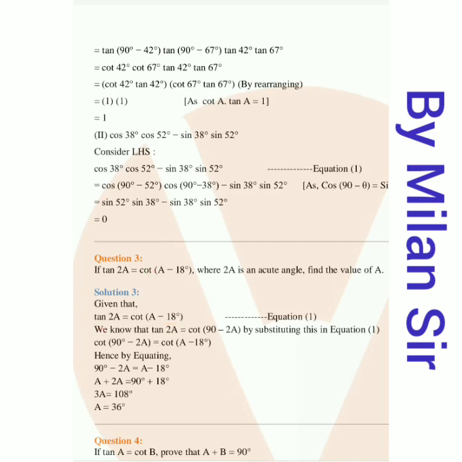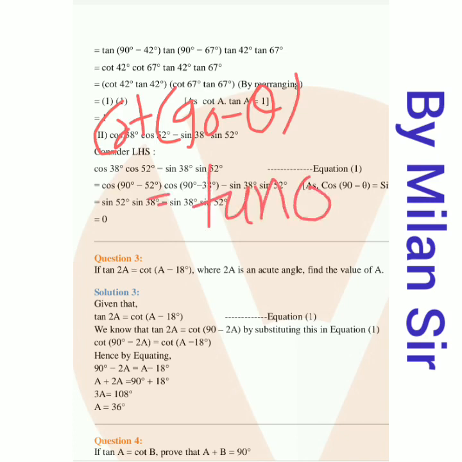Now, second thing, what is the formula of cot 90 minus theta? It is equals to tan theta. Now we can use this formula in a reverse way. From tan theta we can write cot 90 minus theta.